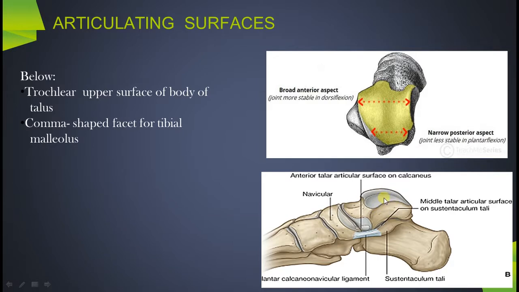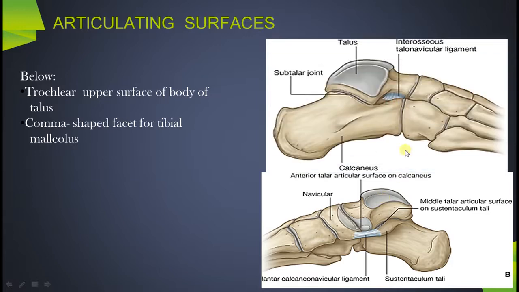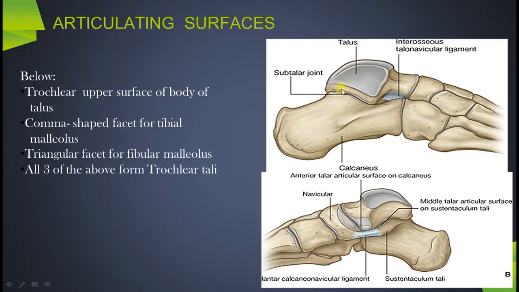Then you have a triangular facet, which is somewhat extensive and seen on the lateral surface. This is mainly for the lateral malleolus of the fibula.